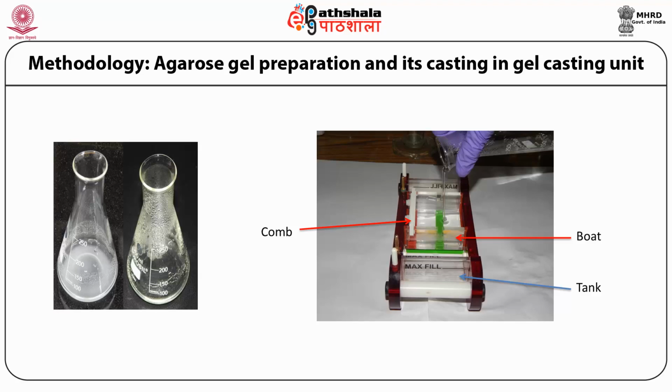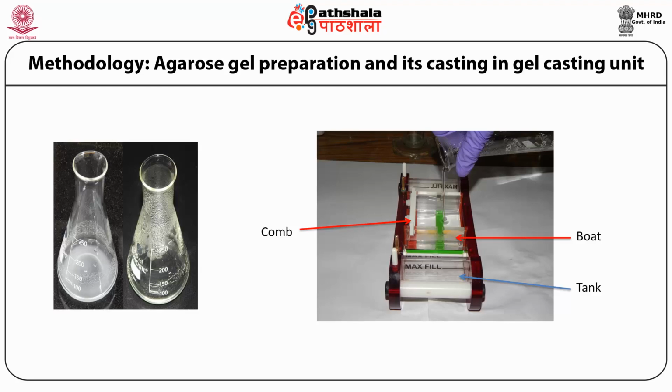Immediately, while it is hot, the agarose gel is gently poured into the gel casting unit, avoiding trapping of air bubbles. The depth of the gel can be kept to 3 mm.